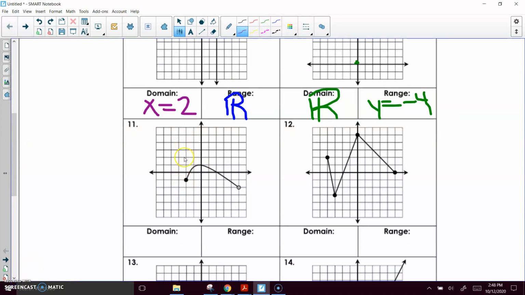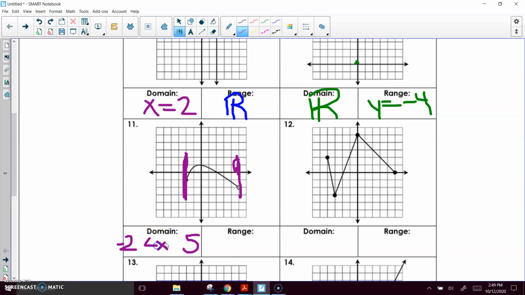As I take a look at 11, this is as far to the left that my graph goes. And this is as far to the right that it goes. So to the left, it's going to -2. And to the right, 1, 2, 3, 4, 5, it goes to 5.